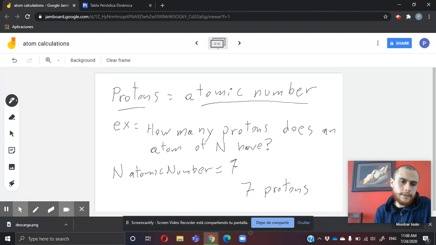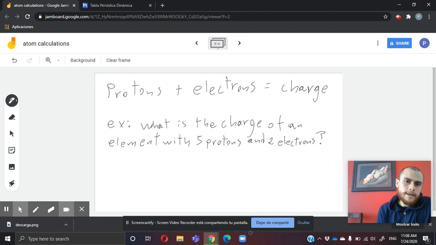Okay, so that's it. Now, if I want to also find the charge, I can do something like this. It says, what is the charge of an element with 5 protons and 2 electrons? So what I do is the following. I'm going to use this formula: protons plus electrons equals charge.